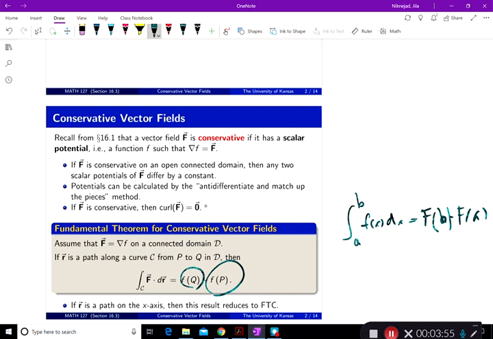Here the little f, the scalar potential function, acts like the antiderivative. That's why it's called the fundamental theorem of conservative vector fields.